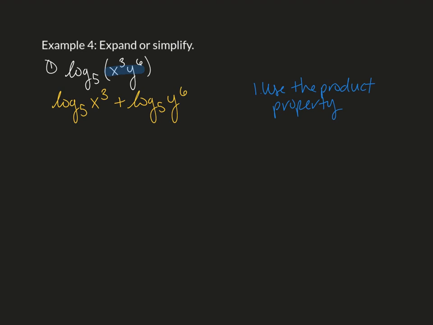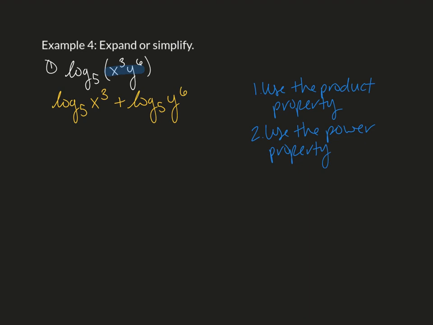Step number 2, the last thing that I really see that is going to need to be done, is I notice that x is to the 3rd power and y is to the 6th power. So I'm going to use the power property. That was the green one that I had written down.